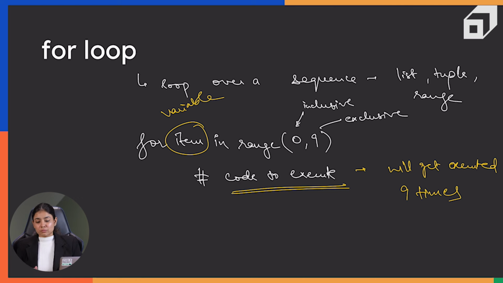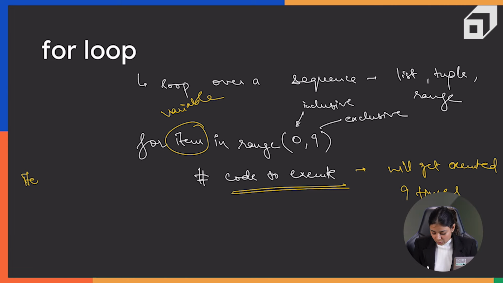In the first iteration of this loop, item will have the value 0. In the next iteration, it will have 1, in the next 2, and so on till 8. So this loop will get executed 9 times. Every time the item variable value will get updated, because it goes through a sequence of numbers from 0 to 8, not till 9, because 9, the ending point, is not included in that range.